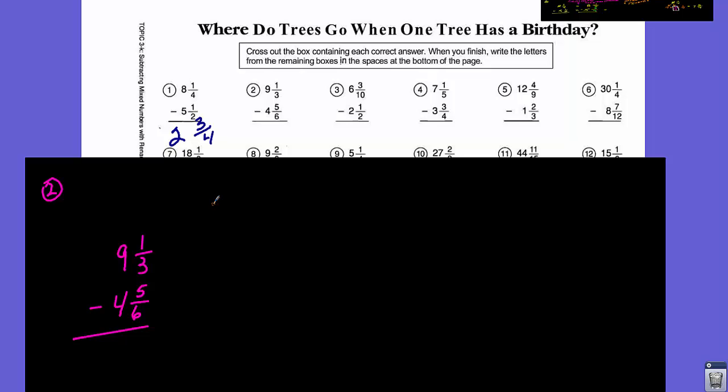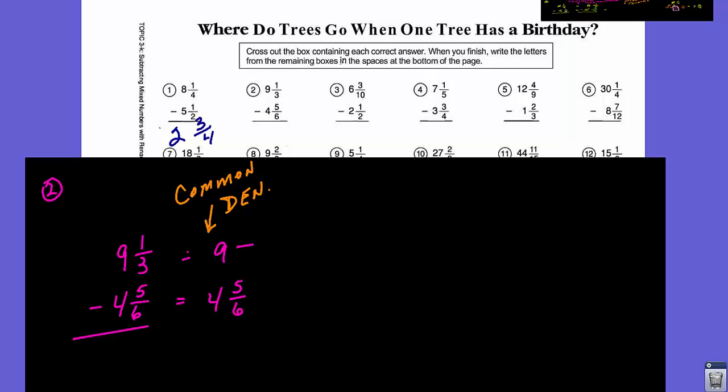So step 1, right here, step 1 is that common denominator step. That's where we find the common denominator. And for 3 and 6, that common denominator is 6. So I can bring over the 4 5/6 because it's already in 6ths. I can bring over the 9.